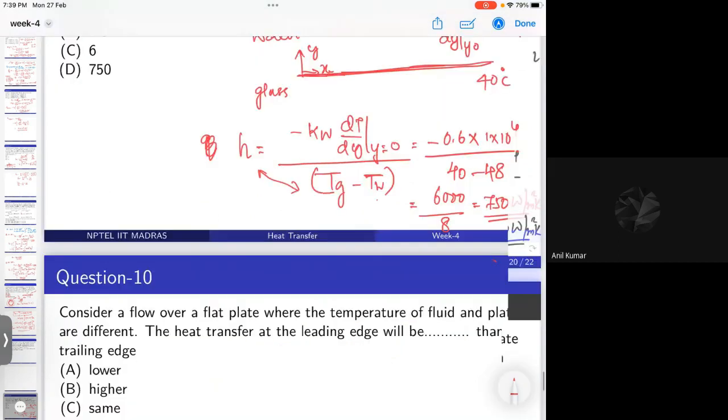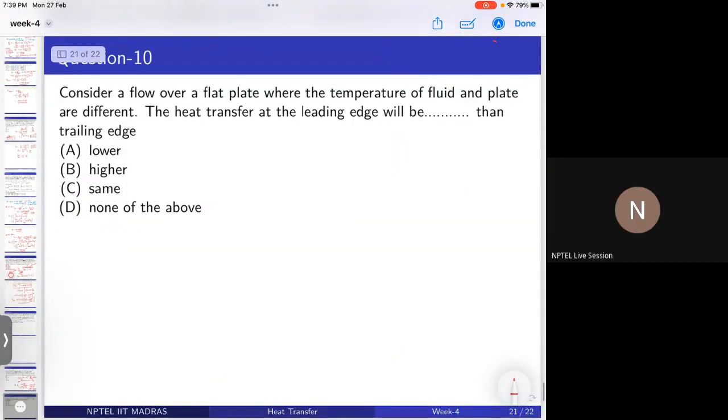Fine. So you can just answer this question, because this is already discussed in the class. We have a flow over a flat plate where the temperature of the fluid and the plate are different. The heat transfer at the leading edge will be dash, whether it is larger, lower, or same than the trailing edge.